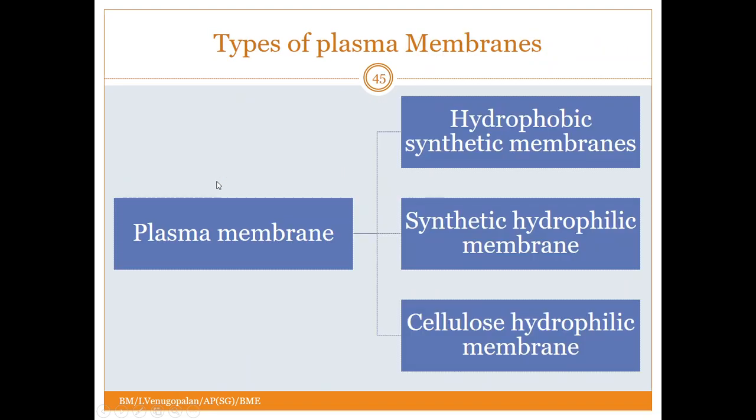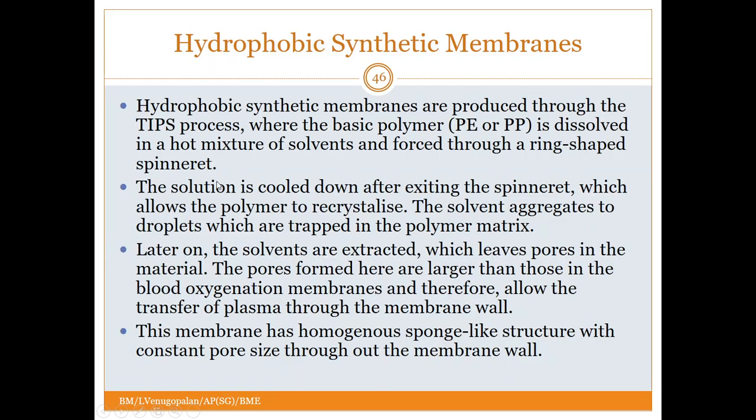Now plasma membranes can be of three types: the hydrophobic synthetic membrane, the synthetic hydrophilic membrane, and the cellulose-based hydrophilic membrane. So we shall have a look at each of these materials in detail now. So hydrophobic synthetic membranes are basically produced through the TIPS process, where the basic polymer PE, that is polyethylene or polypropylene, is dissolved in a hot mixture of solvents, and then it is forced through a ring-shaped spinneret.